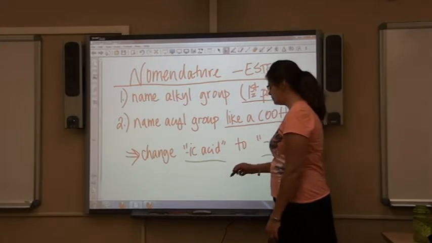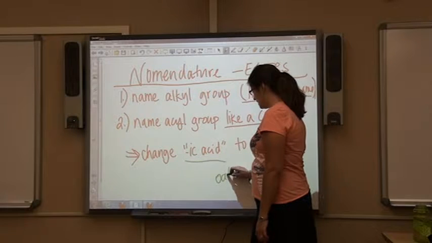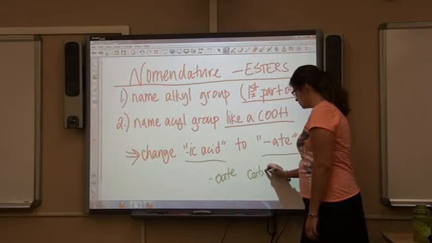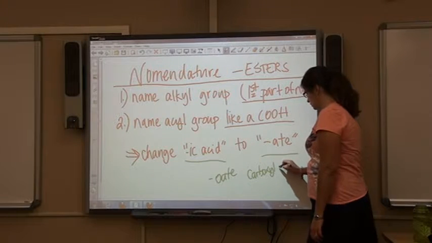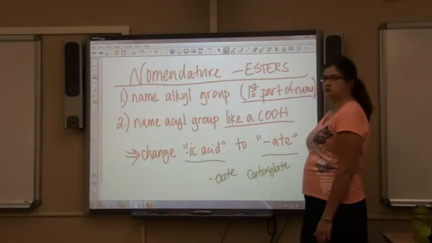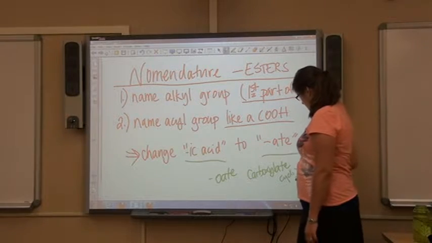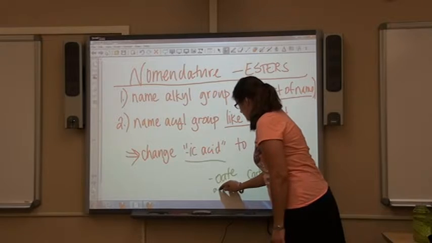So at the end of your compounds, you're either going to have oate or carboxylate. This is for cyclic. This is for acyclic.